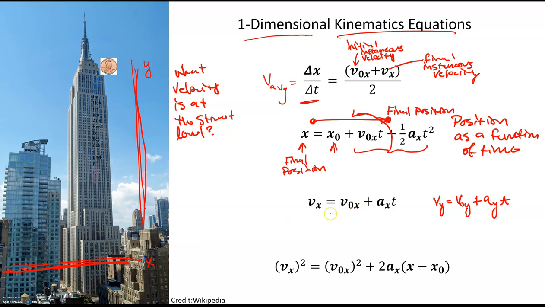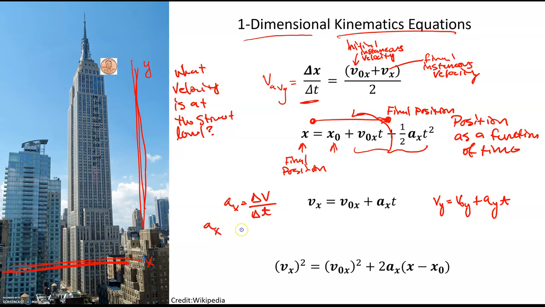The next equation is just velocity as a function of time. And so this should look familiar from the previous module where we described what acceleration is. So acceleration is just the change in velocity over the change in time.